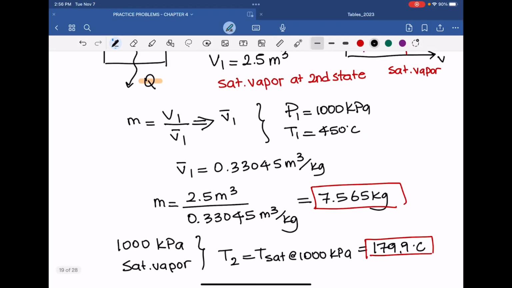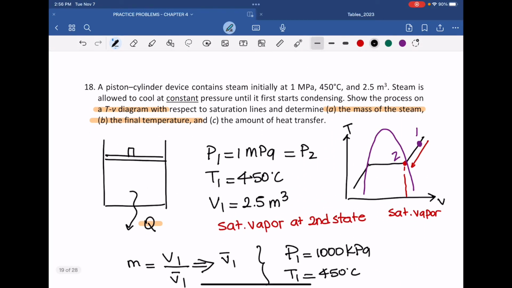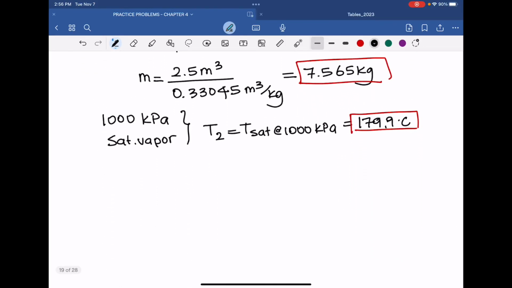Basically we don't know if it's compression or expansion, and from the graph of the TV diagram I would say the specific volume is getting smaller, right? So I would expect to have some volume decrease, which is a compression. So what I would do is write the energy balance.